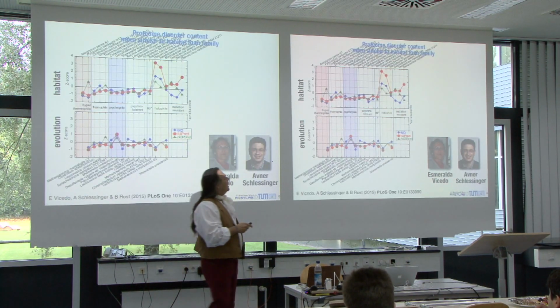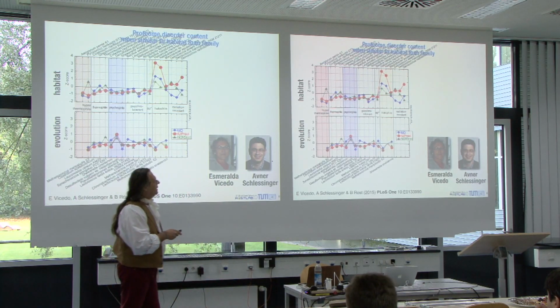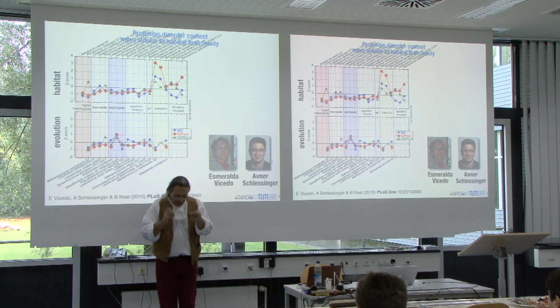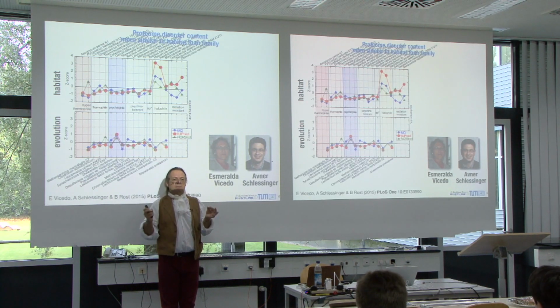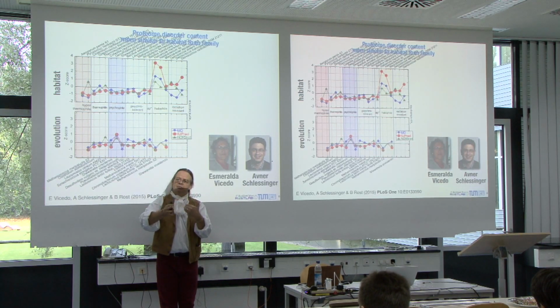Still important, and what this work from Avner Schlesinger and Esmeralda Vicedo essentially says is that if I look at two proteins, at the disorder content of the entire organism, and I ask, are they more similar in terms of the disorder, or are they more similar in terms of the family?